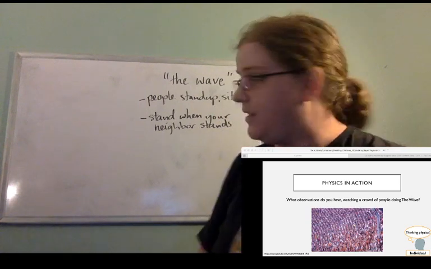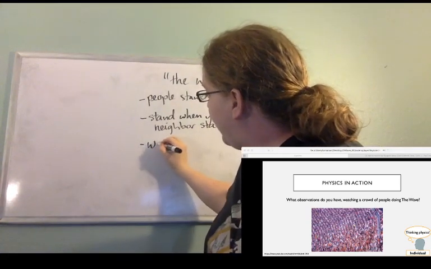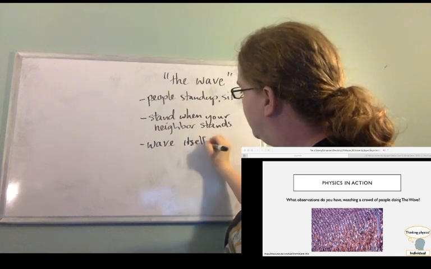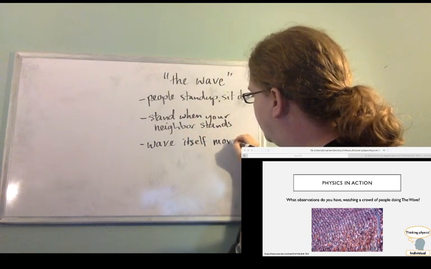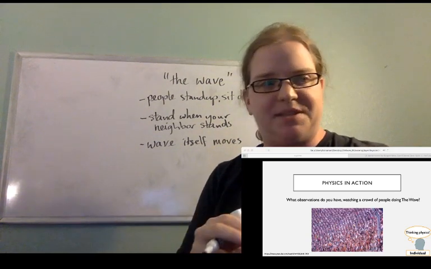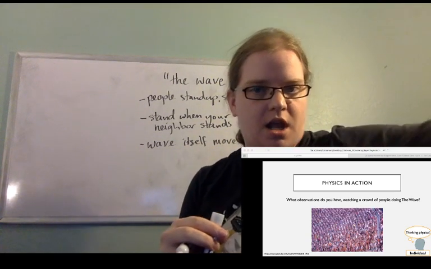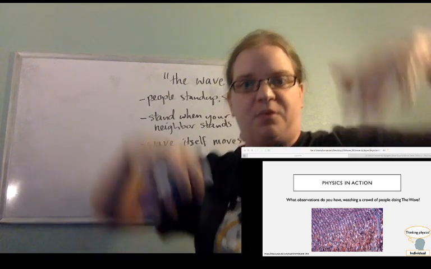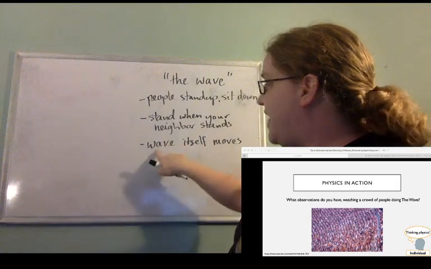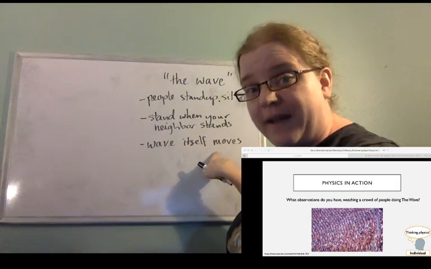And that's the other thing that we can see, is the wave itself moves, right? You're sitting there, especially in that last bit, you could be in your seat and you see this wave of people standing and sitting, coming towards you. So that thing itself is moving, right?